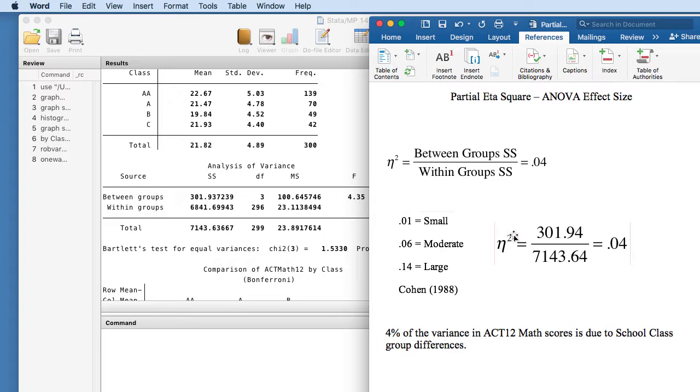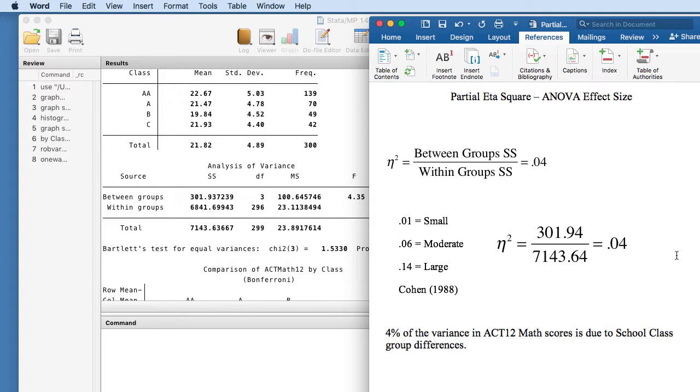And so I've done that here, and you can see that 301.94 divided by 7143.64 gives us 0.04. And so according to Cohen, this is really in between a small and a moderate effect.